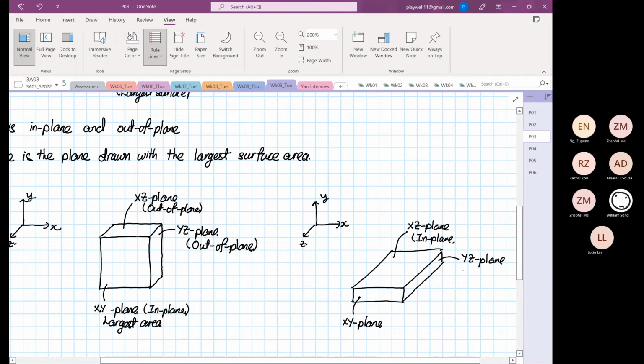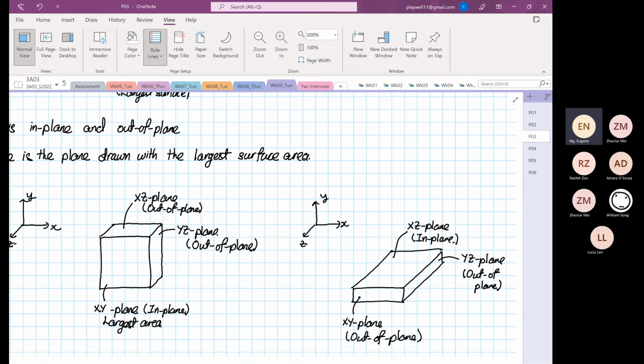This will be your out of plane, and over here, this is also your out of plane. So when you see questions that ask you to determine the maximum in-plane or out-of-plane shear stresses, it will be very clear.